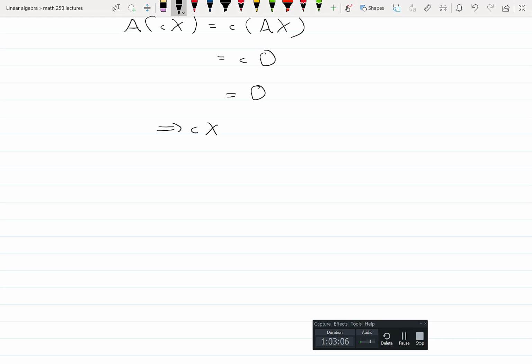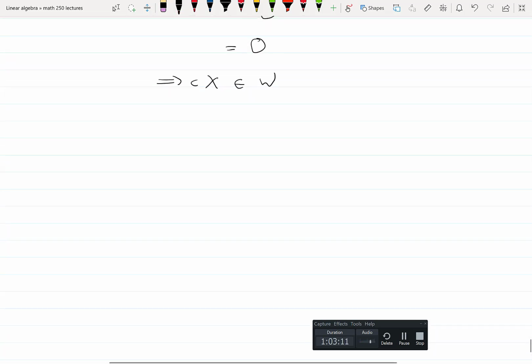That implies that CX is in W. I have shown that W is a subspace of the vector space Rn. This is a very powerful theorem that allows us to not have to go through the 8 properties.